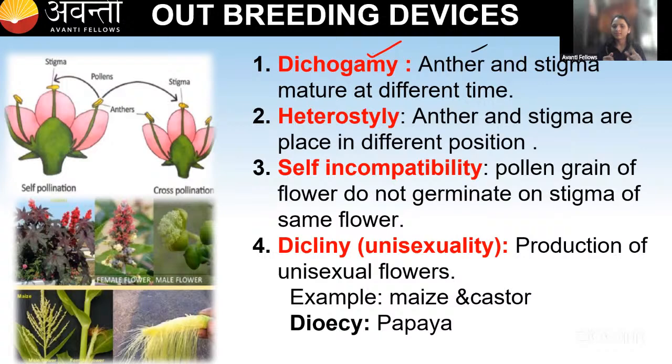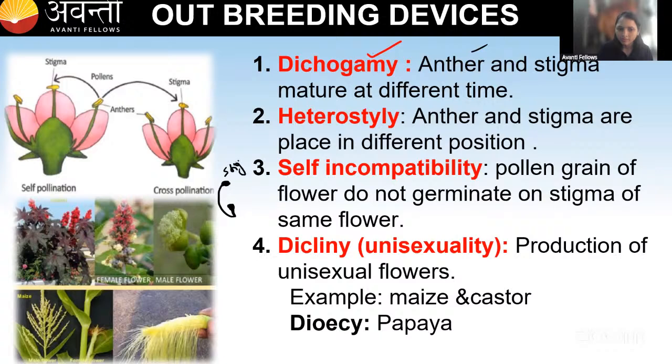Then coming to the heterostyle. In the heterostyle, what will happen? The stigma and anther will be placed in different positions, as you can see here. For example, the anther is at the lower position and the stigma is at the higher position.